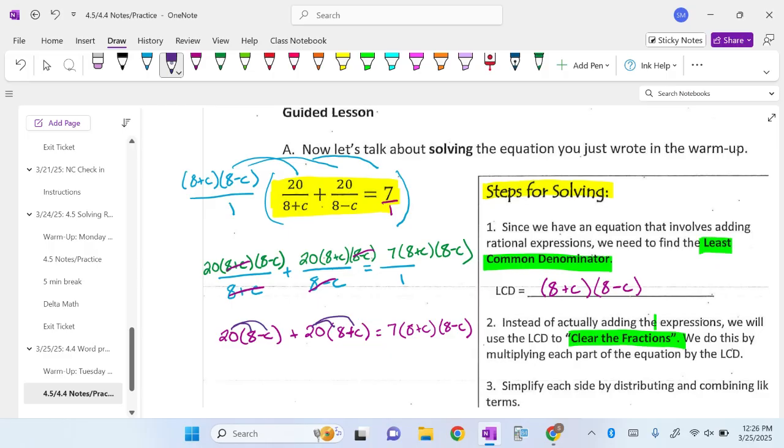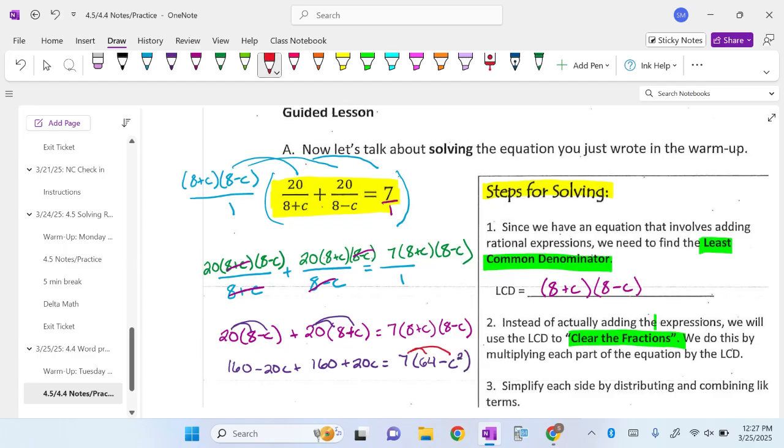So I got 160 minus 20C plus 160 plus 20C is equal to 7 times, this is just a difference of squares, so you just take the square of both numbers and subtract the two. So 8 squared is 64 minus C times C is C squared.